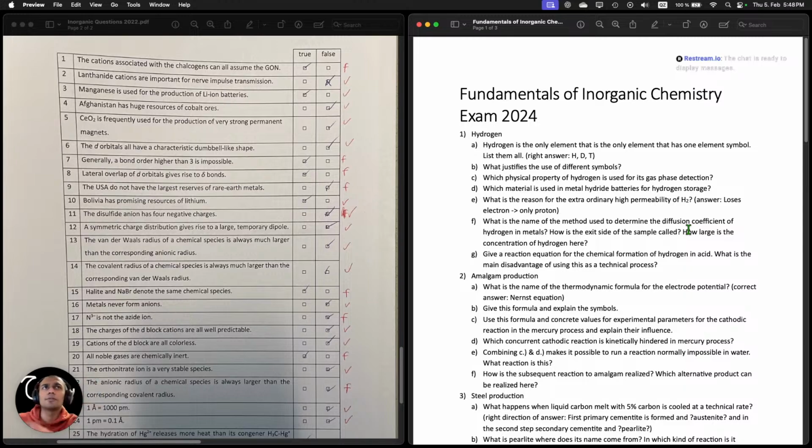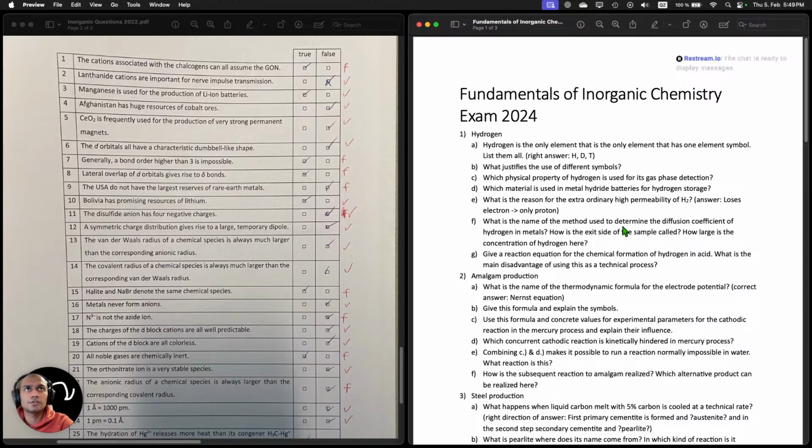I'm guessing only proton. Oh, wait, that's the answer. Loss of electron is greater than proton. What? Okay. I understand that hydrogen has an s orbital. It's like a spherical orbital.